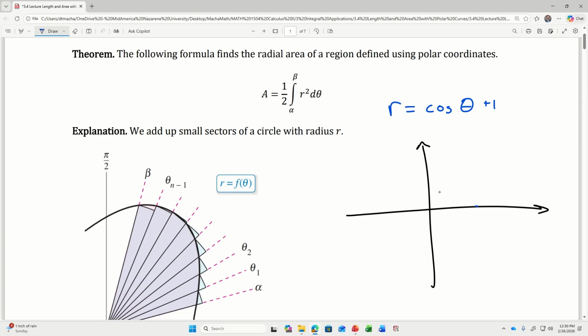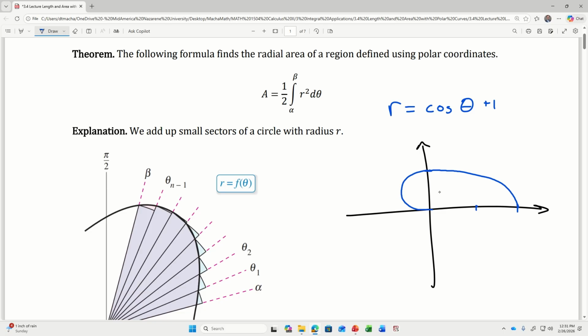So then we start at the point 2, and then as theta goes to pi over 2, this function would go just to 1. And then as theta goes to pi, cosine would go to -1, so this thing would go to 0.